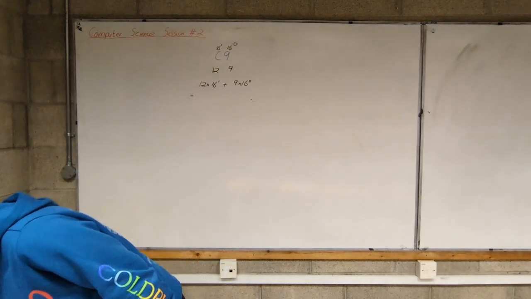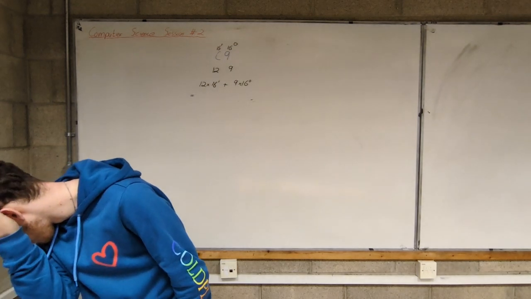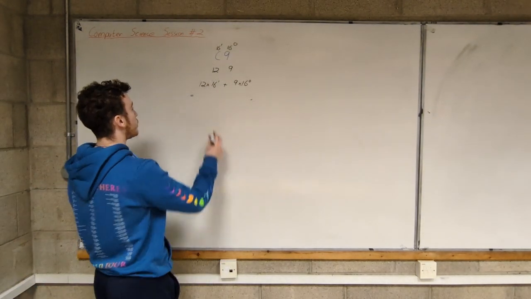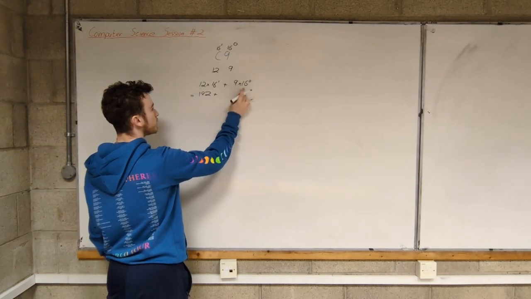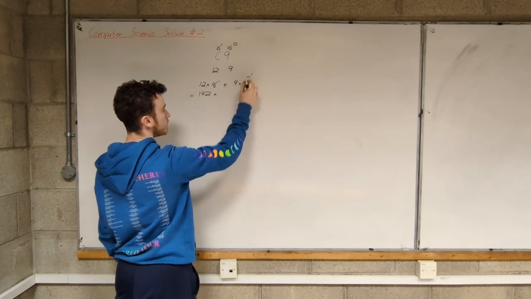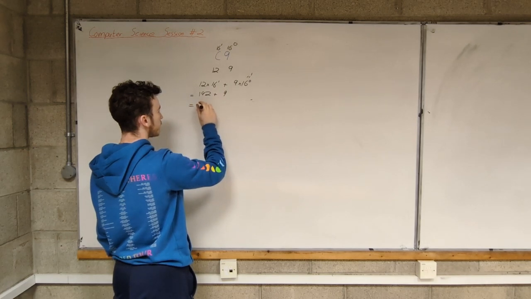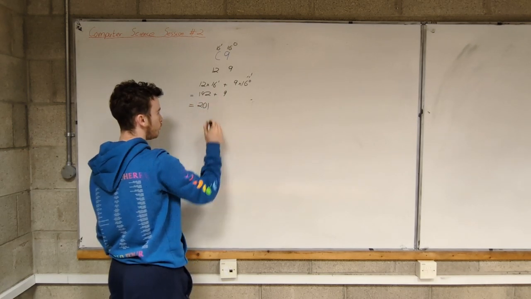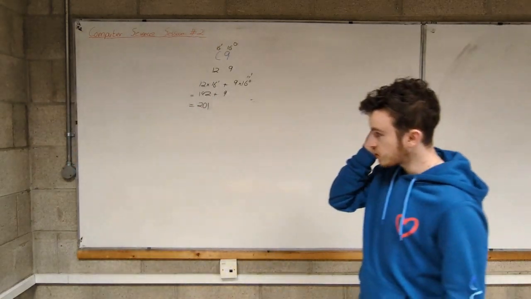I'm going to have to look at the marking scheme, because as I said, I can't do that without a calculator. That is 192. Plus 16 to the power 0 is 1. So 9 by 1 is just 9. So that's 201. So that's the short way of doing that.